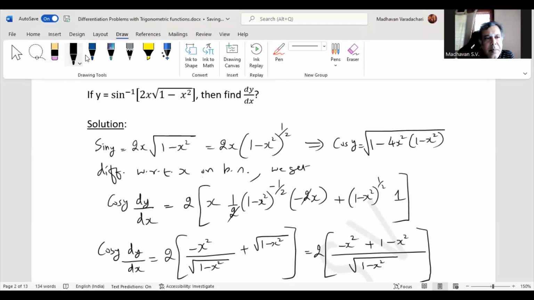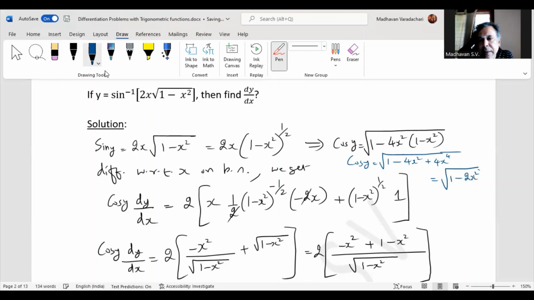So that is nothing but cos y equal to root of 1 minus 4x square plus 4x power 4, which can be written as 1 minus 2 times x square the whole square. I mean, it is like a minus b the whole square. A square is 1, b square is 4x power 4, and minus 2ab is minus 4x square. So this is simply 1 minus 2x square.